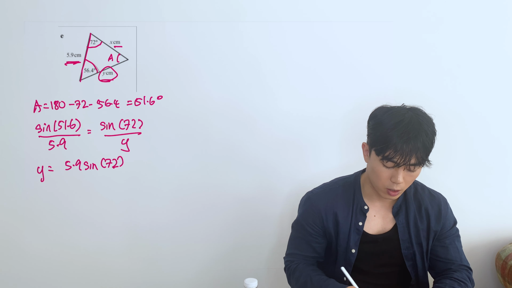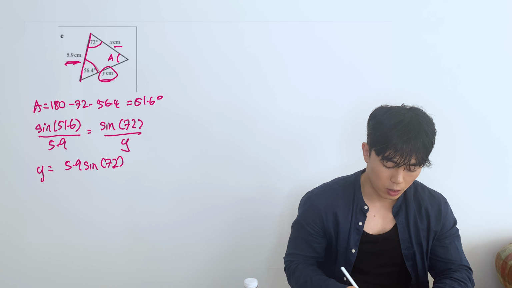To find x, we need to use the 56.4 degrees because those are the pairs. So we can say sine 56.4 degrees over x is equal to, now you can use either one. You can use the pair of 72 and y, or you can use the pair of A and 5.9. It doesn't matter which one you use, you'll get the same answer. So I'm going to use A and 5.9.